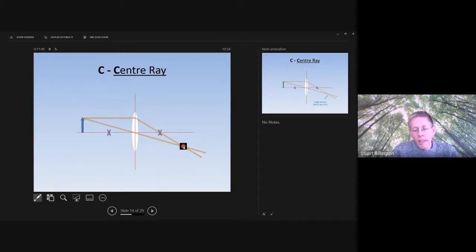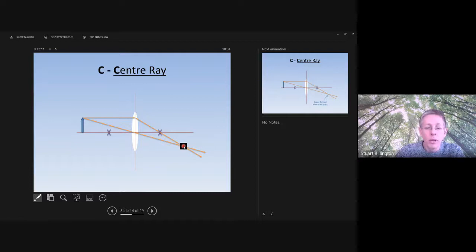And therefore, if you were to place a piece of paper at that point, all of the light from the tip of the arrow would end up at that point, and an image of the tip of the arrow would end up at that point. We don't really have time to do it today, but you can do it in your own time if you want to.